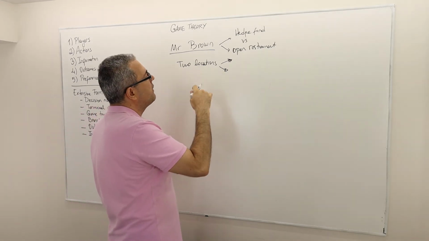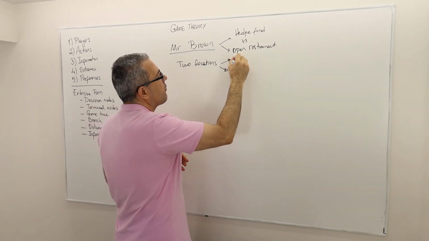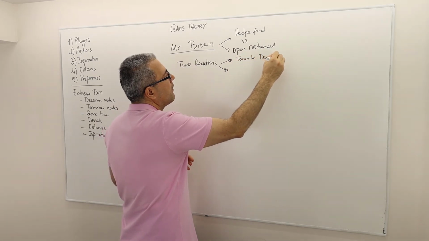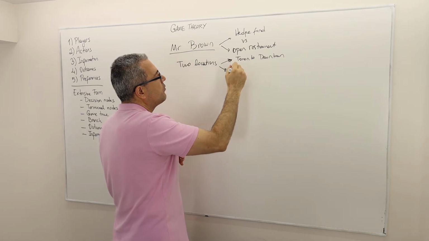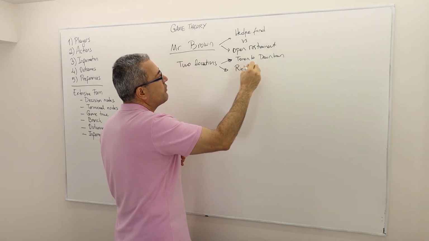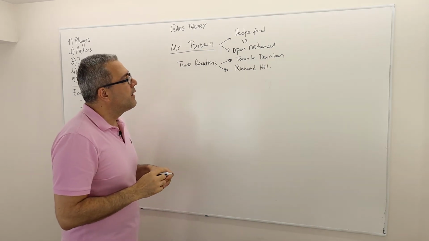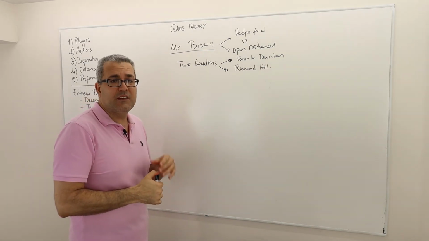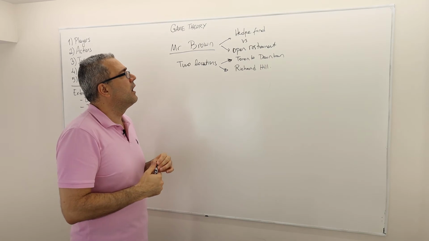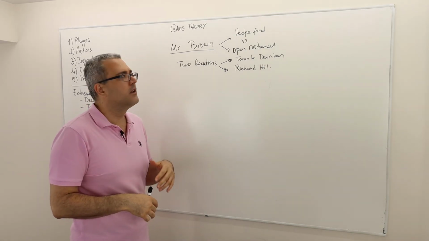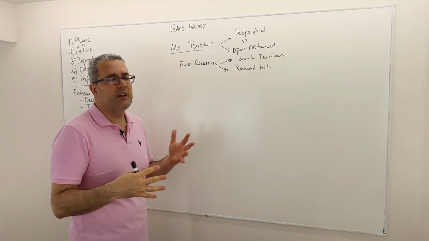So one of the locations is, let's say, Toronto downtown. And the other one is Richmond Hill, so it's a suburb area. He may have an idea where exactly in Toronto downtown or Richmond Hill he wants to open his restaurant.